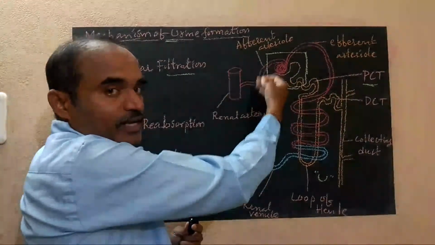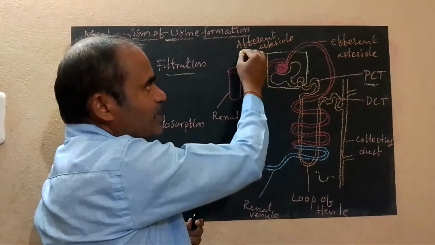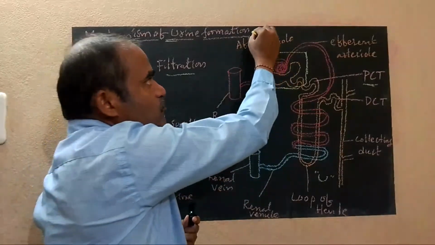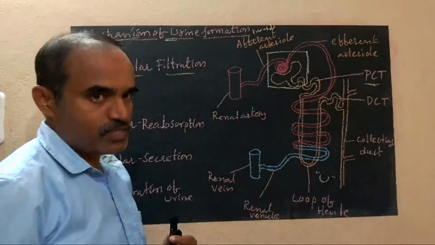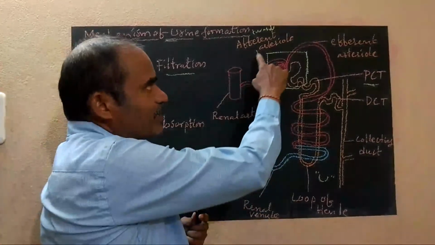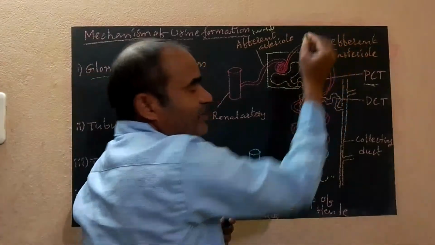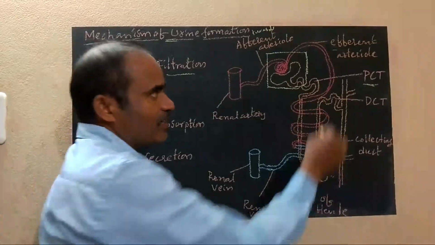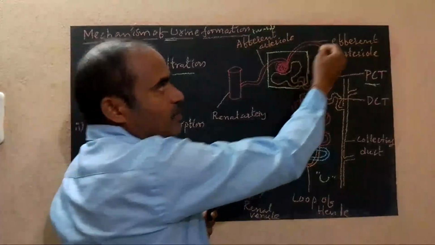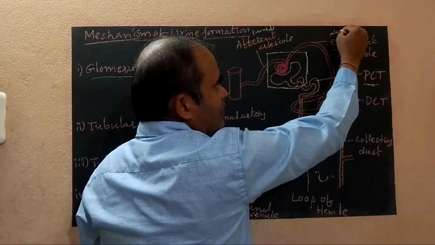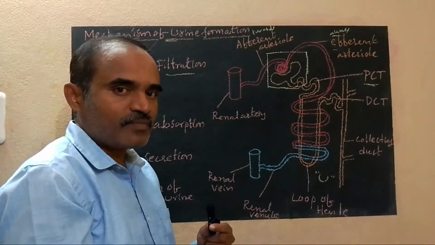The afferent arteriole carries the blood towards the glomerulus. The efferent arteriole arises from the glomerulus and carries the blood away from it.